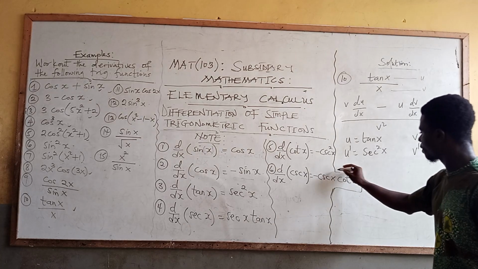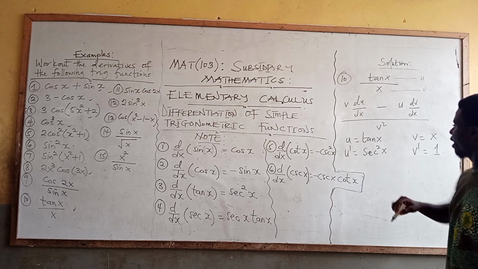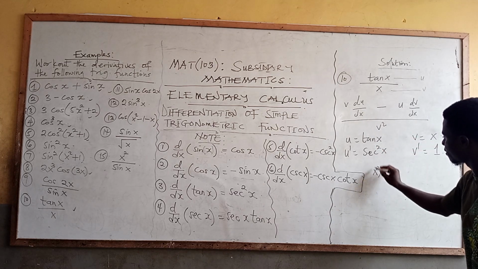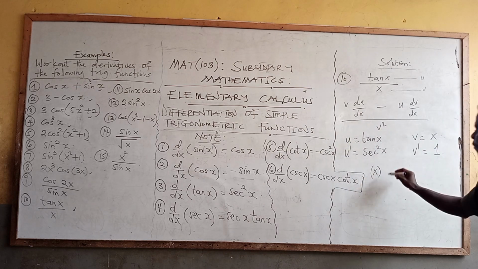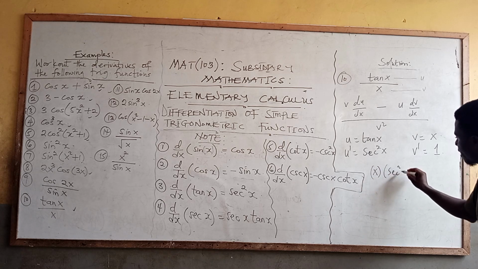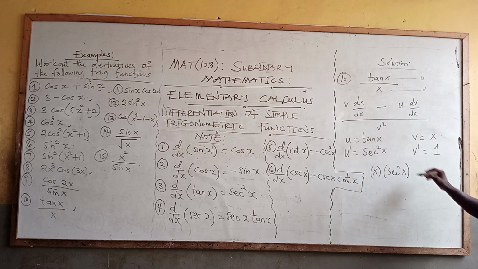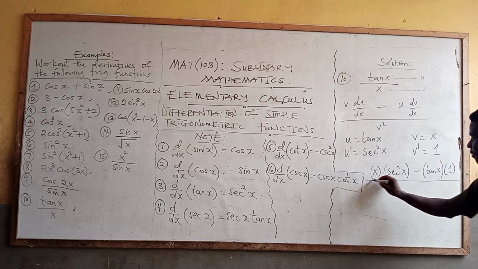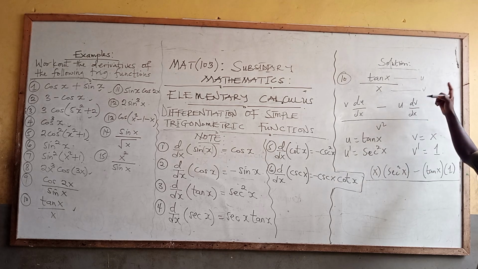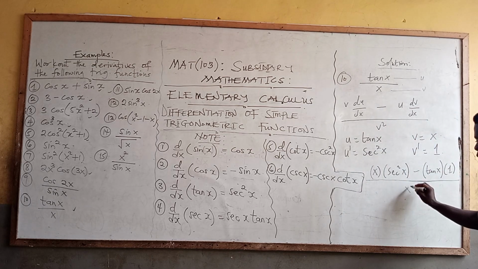So let's substitute into our formula. V is x, then times the differential of u, we have sec squared x, then minus our u, which is tan x, then the differential of v, we get 1, divided by, what is our v? Our v is x, so x all squared.